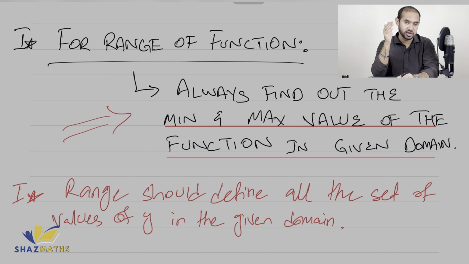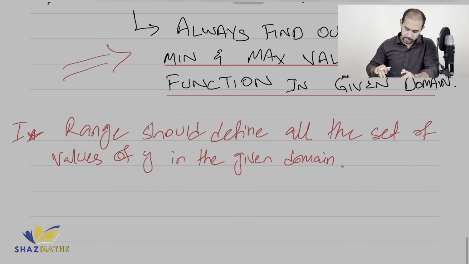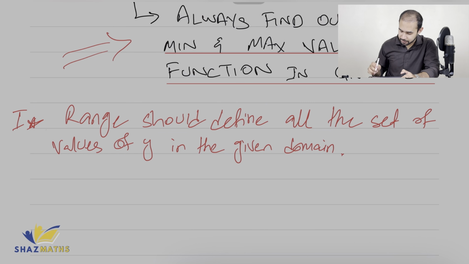Alright, now let's have a look with the help of an example at how we would actually implement that knowledge in the questions and how we would solve them. Okay, so let's jump on to example number one.